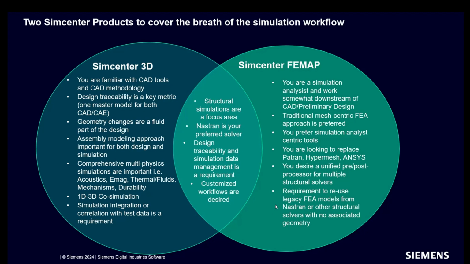Of course, with Teamcenter, we can track and associate a CAD model that is separate from a CAE model, but there are advantages to having both of those in one master model as well, especially if the geometry changes are a fluid part of the design. Like I talked about before, this ability to update your CAE model if the geometry gets tweaked. Like I said before, multi-physics, 1D to 3D co-simulation.